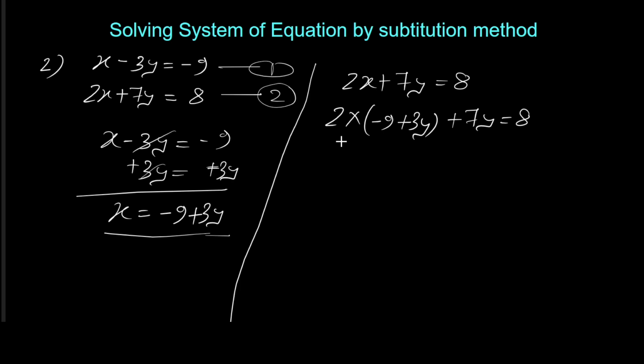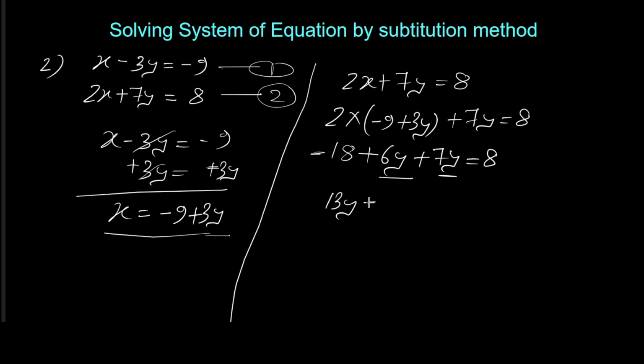So here I'm going to multiply it into the parentheses. So 2 times negative 9 gives us negative 18, plus 2 times 3y gives us 6y, plus 7y equals 8. Now let's add these terms, 6y and 7y. So 6y and 7y is 13y because they are like terms.